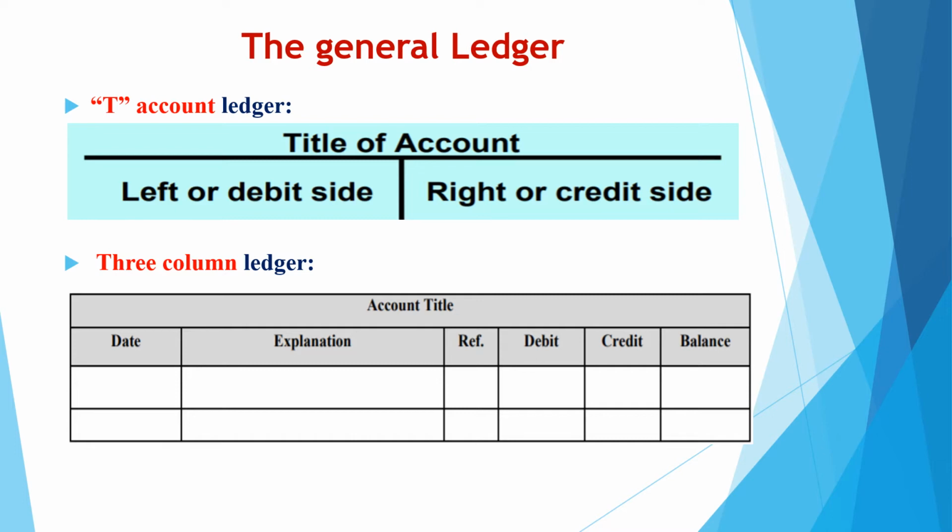And the three-column ledger is called that since the calculations will be made under the last three columns, which are debit, credit, and balance.